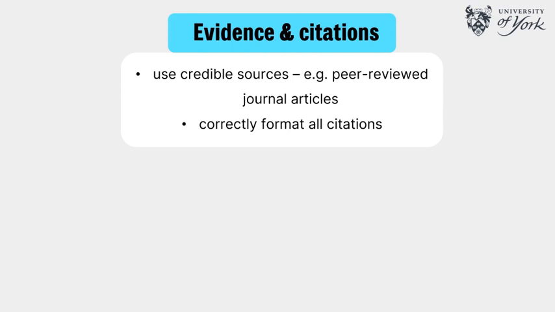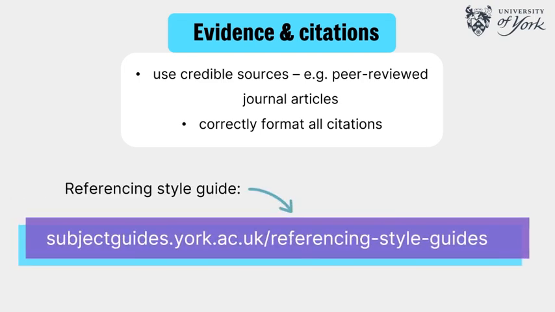These references must be formatted correctly, following the academic citation style prescribed by the department. For additional help with referencing, check out our referencing style guide at subjectguides.york.ac.uk/referencing style guides.